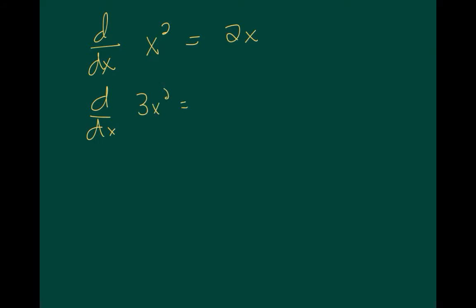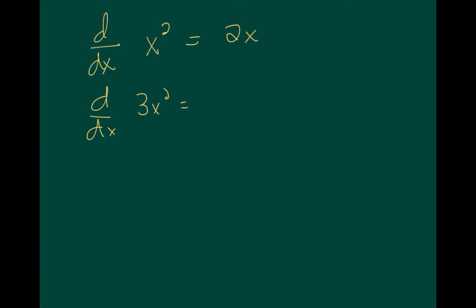Suppose we had the derivative of x squared. Now we know from the power rule that that's just 2x. But now let's put a constant in front of it. So now we're taking the derivative of 3x squared. Now, we've learned from the power rule, the shortcut.